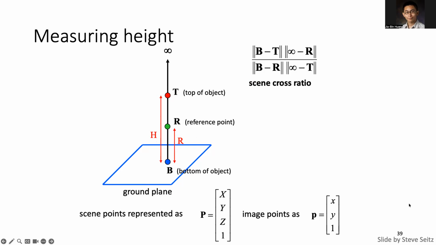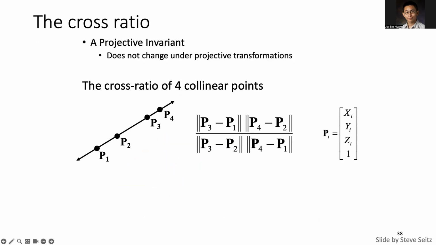If I have a line with 4 points, this ratio is basically the distance between P1 and P3 and P2 and P4, divided by P3 and P2 and multiplied by P1 and P4. This ratio is some constant. It doesn't matter how you view these 4 points. Okay. We call this projective invariant.